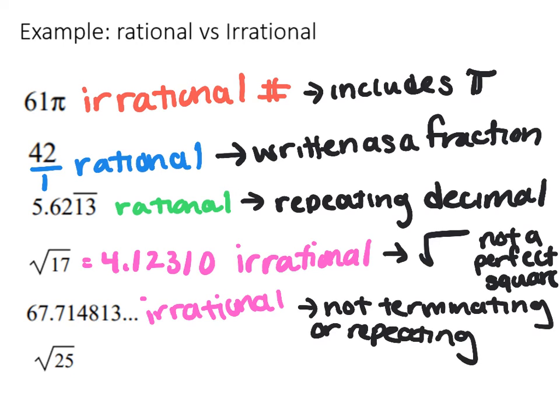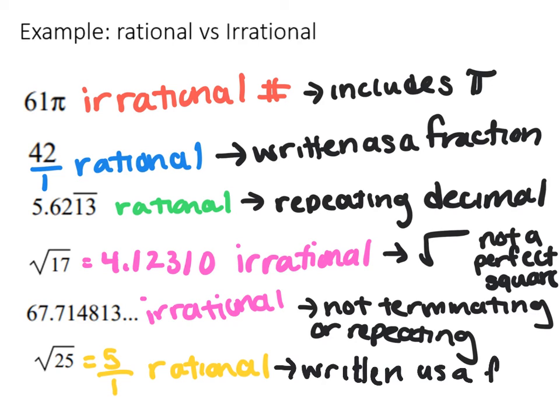For the last number, if we found the square root of 25, that would give us 5, which is 5 over 1, which makes it a rational number since it can be written as a fraction.